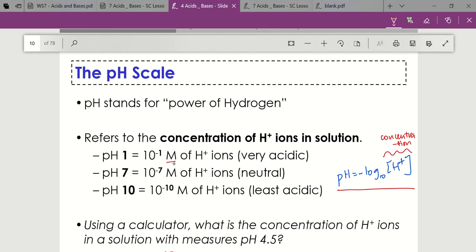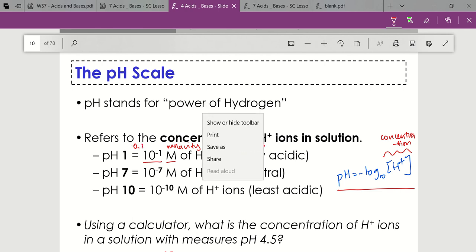This unit, we call it molarity, or we call it mole per dm cube. It's basically a measure of how much hydrogen ions are present per unit volume of solution. So 10 to the power of minus 1 over here is just 0.1, right?